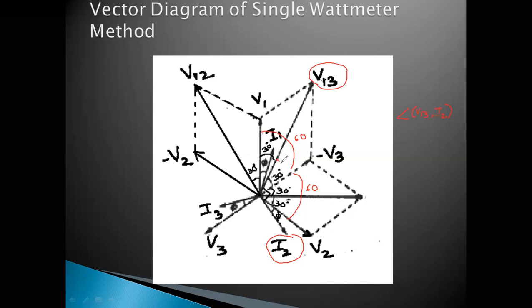From here to here it is 30. From here to here it is 60, which is 30 plus 60. So far we have traveled till here. And then we have 5 plus 5, which is 90 plus 5. So the angle between V13 and I2 is 90 plus 5. Hope you are clear with this. Let me clear all the drawings.